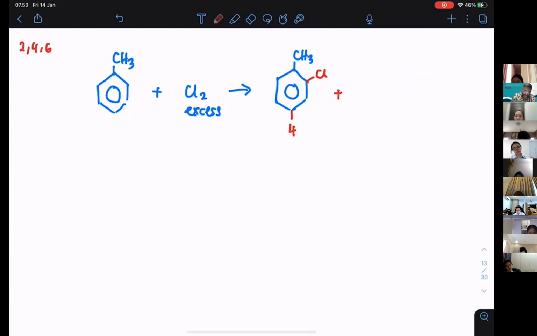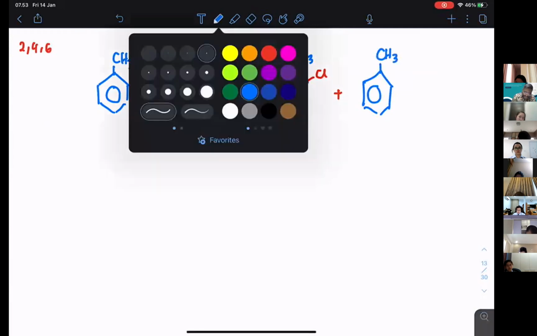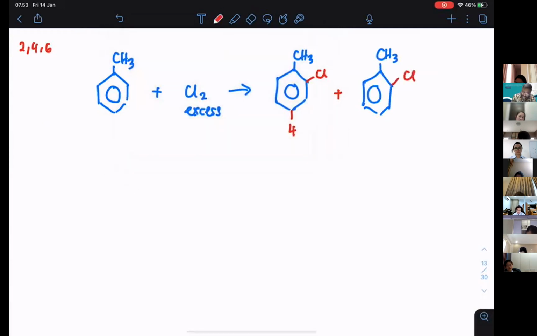And then you are going to have methyl benzene being substituted at position number 2 and position number 6. And we have another one where you can actually substitute at 2, 4, 6.